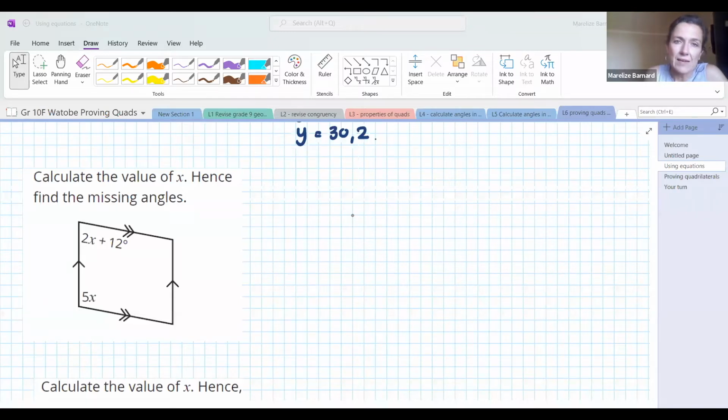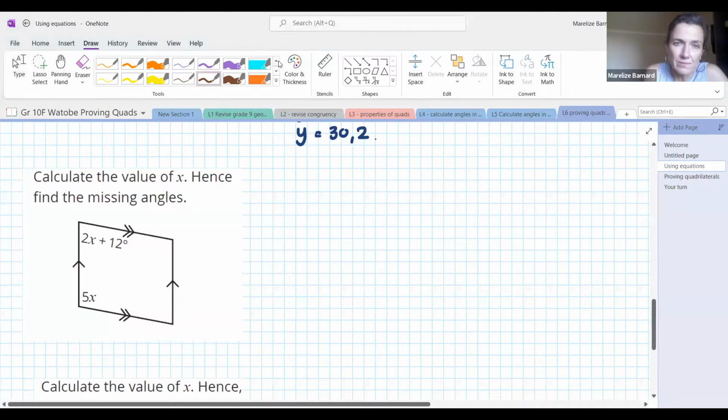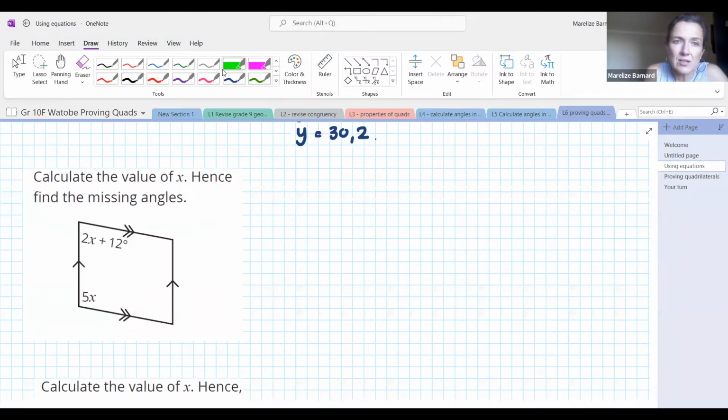So let's see, everybody, what would you say? What kind of a quadrilateral is this and why? Remember, it's all about the reasons. You have to give your reasons. So put it in the chat. What kind of a quadrilateral is this and why do you say it is that quadrilateral?